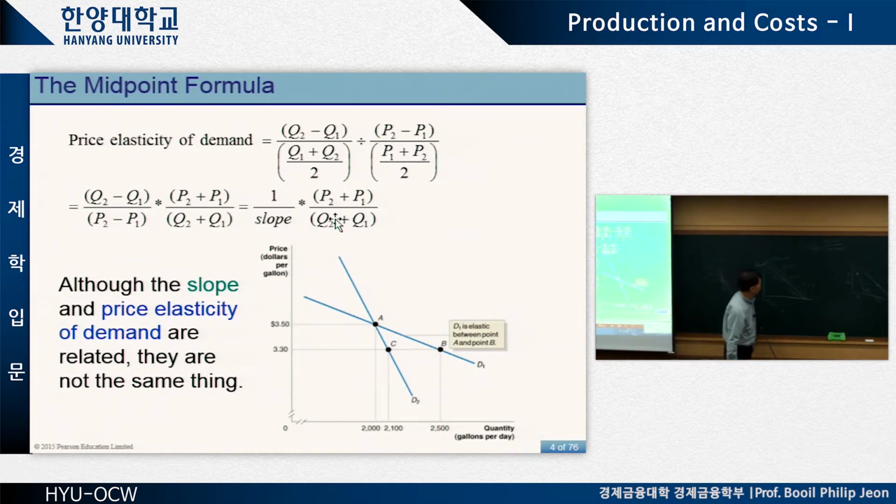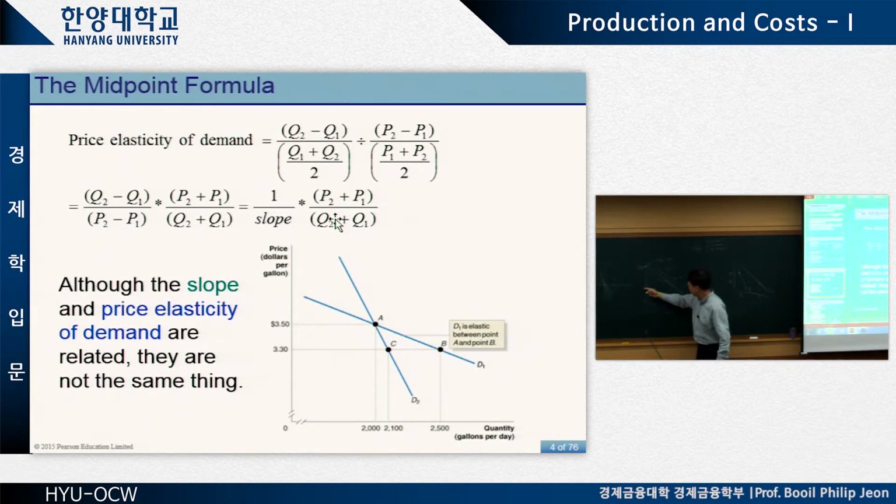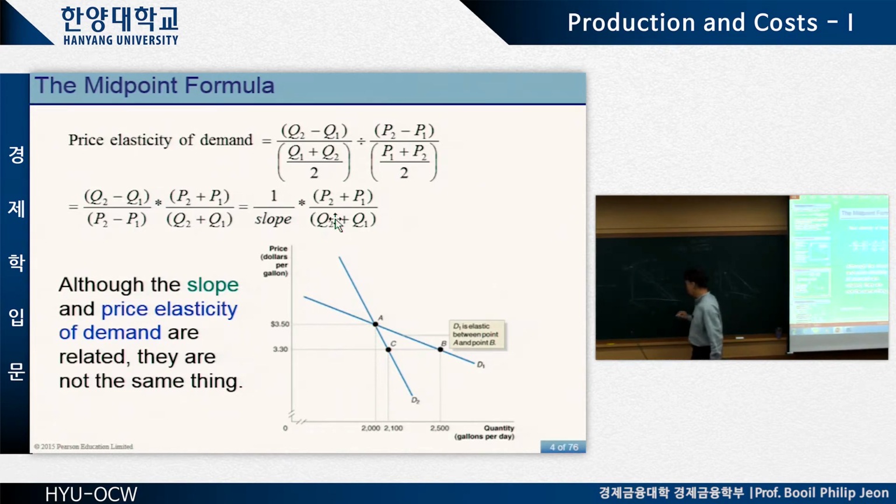So think about it. Then the slope is P1 divided by Q1, let's say.